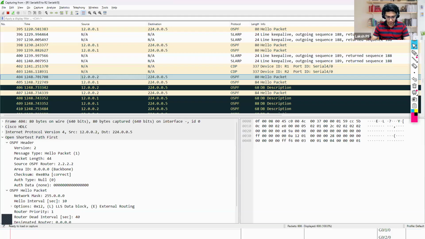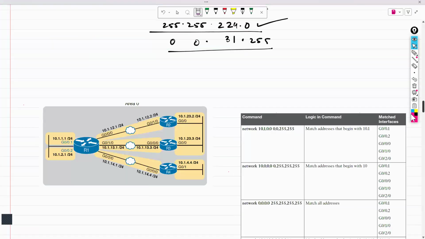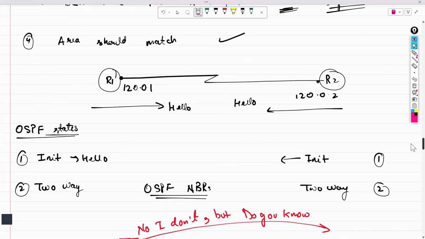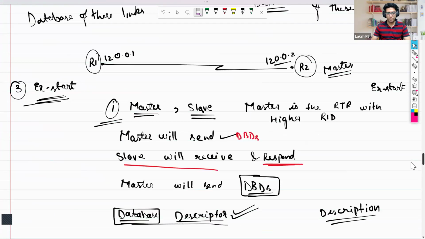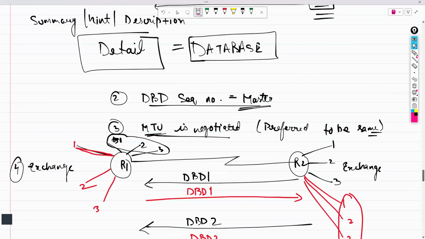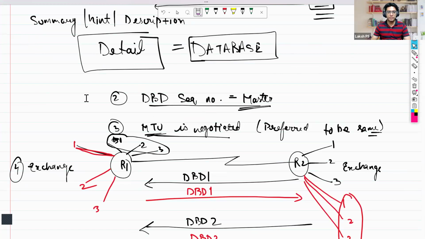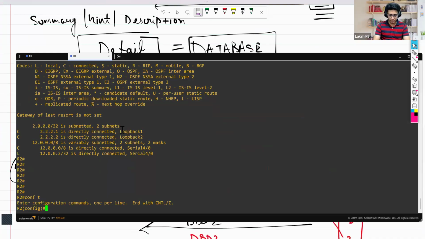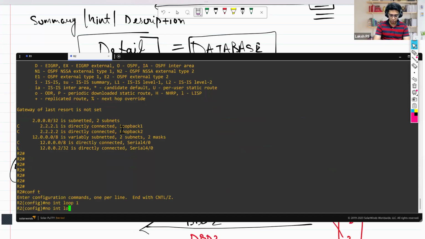Now if I remove that loopback, what will happen? The router ID will change? If we remove both the loopbacks, 2.2.2.1 and 2.2.2.2, from R2, what will happen? Let's check that. Configure terminal, no interface loopback 1 and no interface loopback 2.